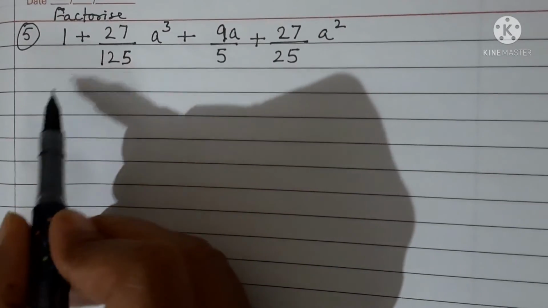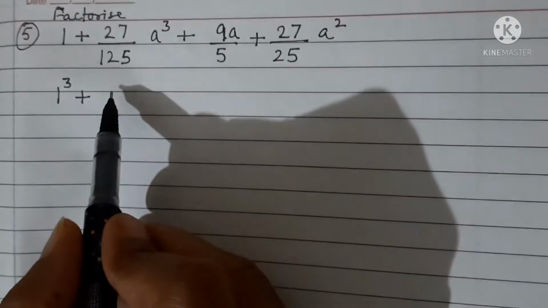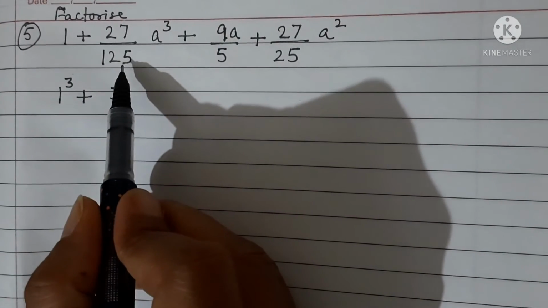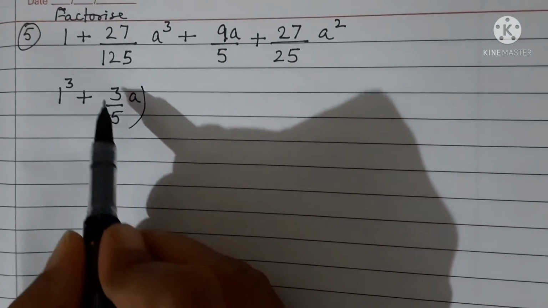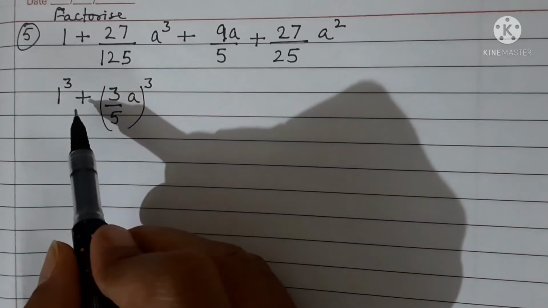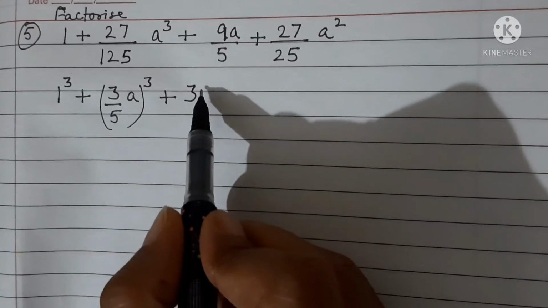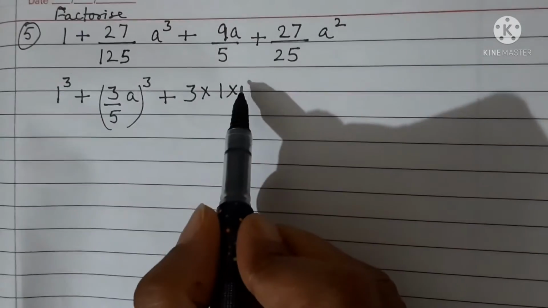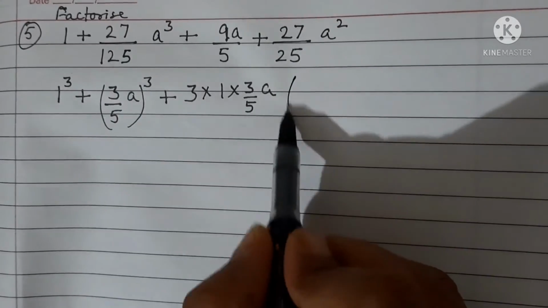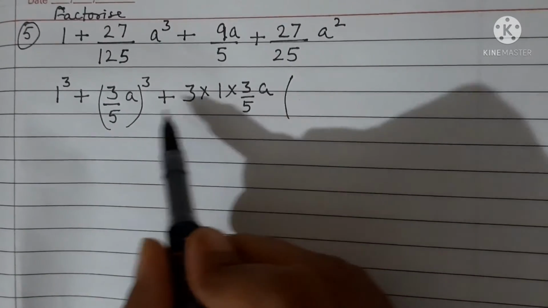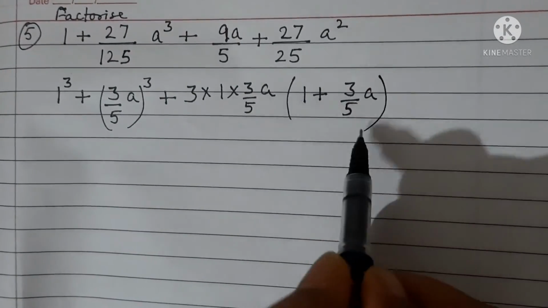Here x is 1 cube, plus 3 upon 5a whole cube, since 3 3s are 9, 9 3s are 27, and 5 5s are 25, 5 25s are 125. Then a cube plus b cube plus 3ab, where 1 into b means 3 upon 5a, times a plus b, which is 1 plus 3 upon 5a.